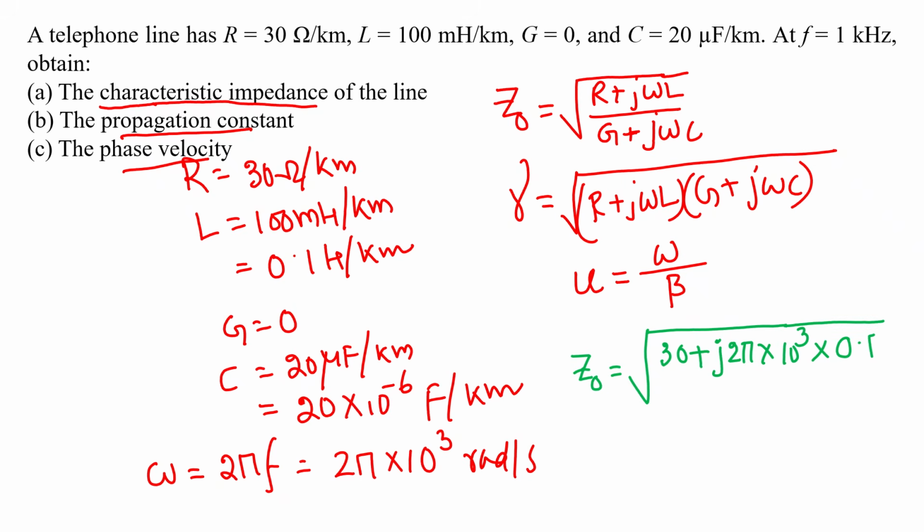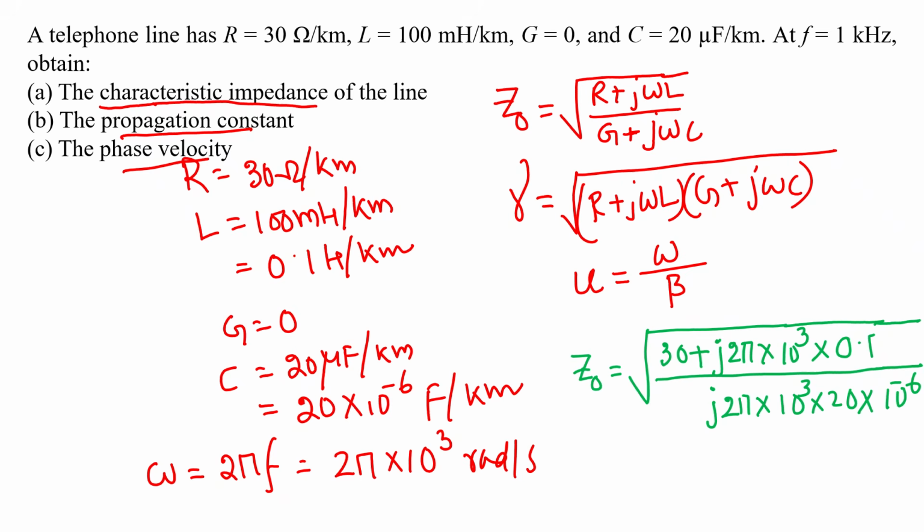So I have replaced the value of R plus j omega L. This whole thing will be divided by G plus, G is 0, so I'll ignore that term. What will be left is j again omega, 2 pi into 10 cube, and C, which means 20 into 10 to the power minus 6. So this will be the equation of Z0 after replacing all the values given in the question.